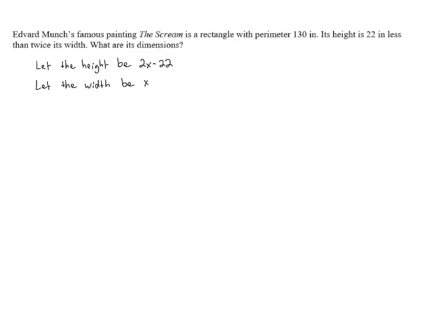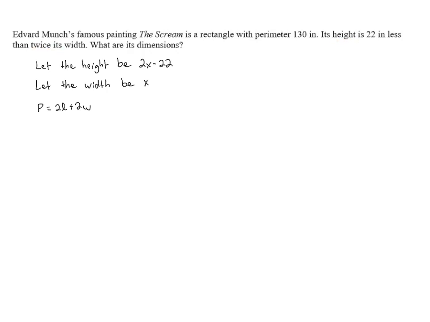Okay. Now we need to write an equation that models the situation. Because this involves perimeter, we use the formula for perimeter. The perimeter is twice the length plus twice the width, except in this problem, we're not given length and width, we're given height and width.